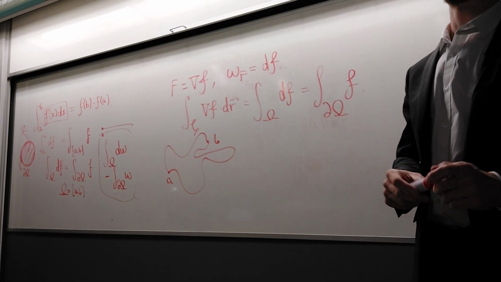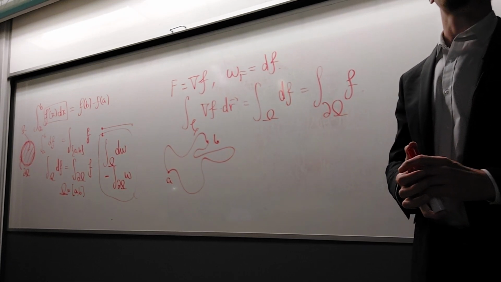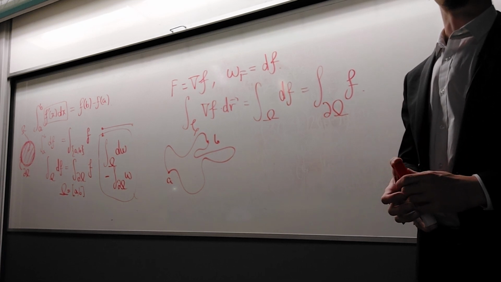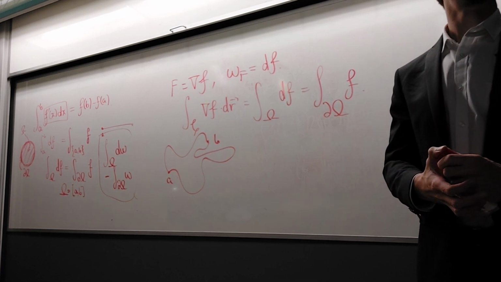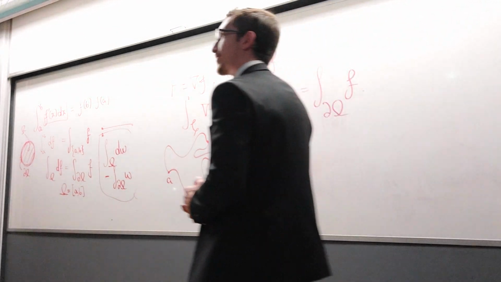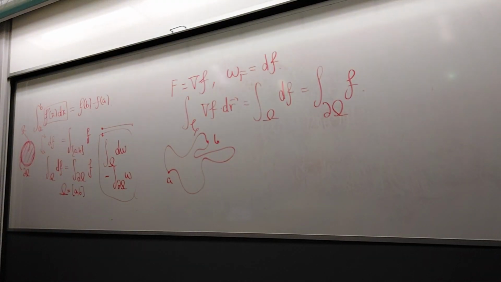Doesn't matter. The value of the line integral is still the same. Does everyone agree that that is highly non-trivial? It is not trivial. This is a very important statement. I still don't understand. Good thing I'm teaching it.